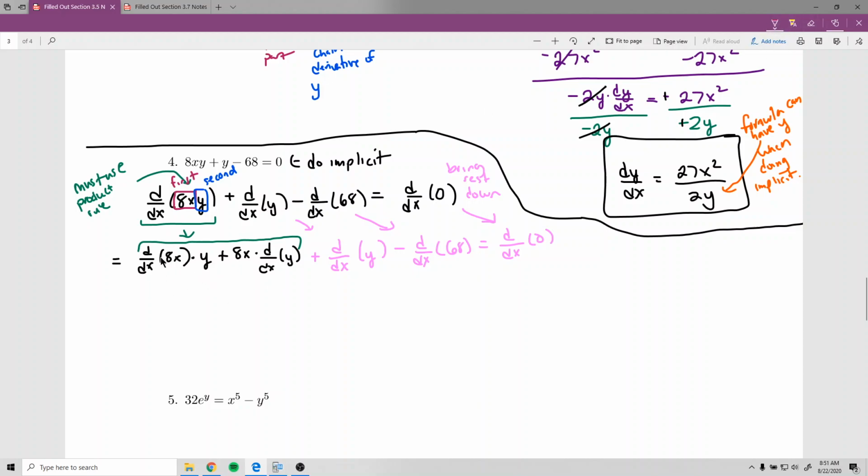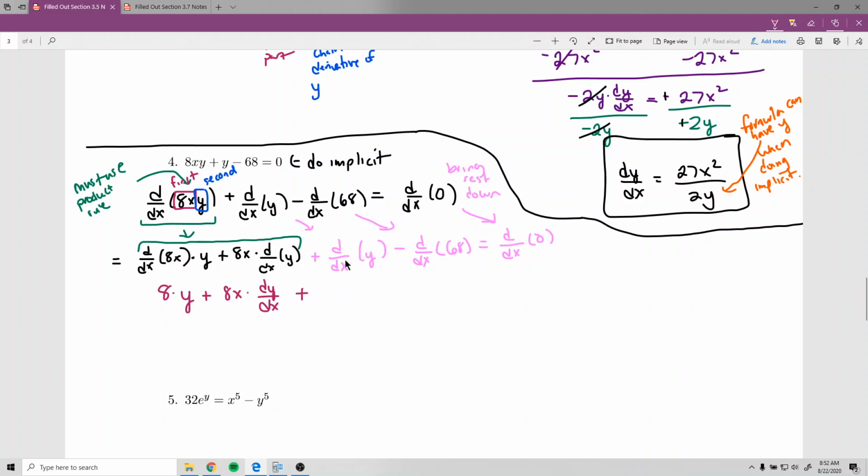So the first part, the derivative of 8x, that's just our normal 8, and that's multiplied by y, plus the derivative of 8x times the derivative of y. This is one that we dealt with before, it's just itself, dy over dx. Because really the derivative of x would be just 1, and then we multiply by dy over dx.